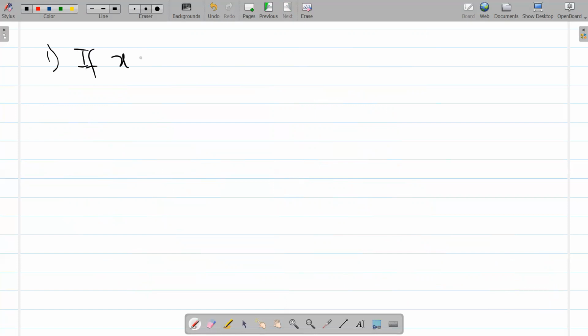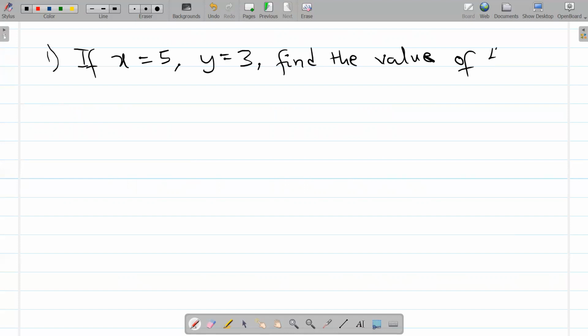If x is equal to 5, y is equal to 3, find the value of 4x squared y exponent 3. Question 2.